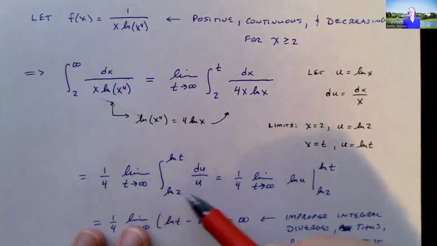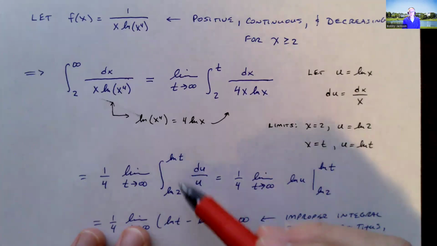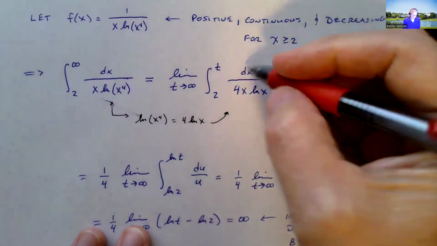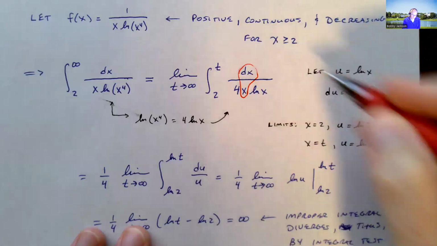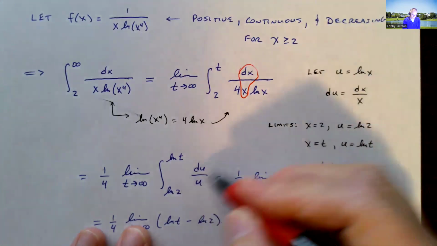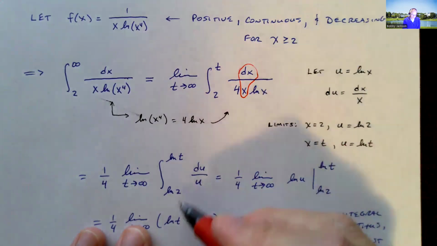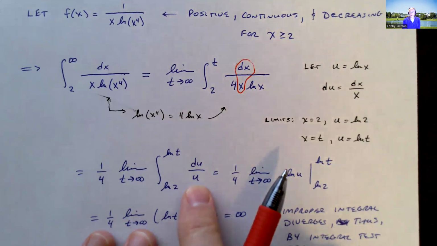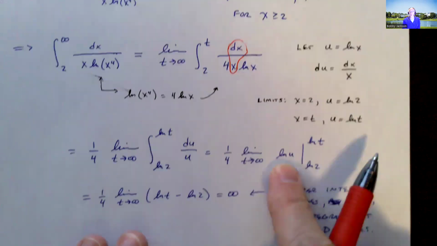And I'll take the limit as t goes to infinity to these new limits, and then the dx over x, this part right here, is equal to the du. And we got the natural log of x down here in the denominator, which is u. So it's the integral of 1 over u. Well, what's the integral of 1 over u? It's the natural log of u.